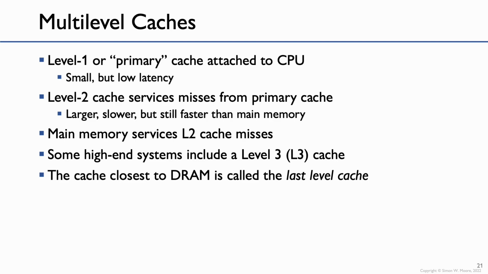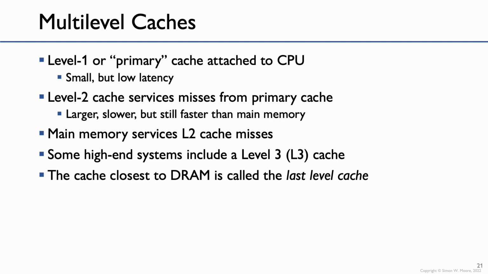And as we've seen, it may well be the case that you have an L2 cache associated with every single core, and then the main memory services the L2 cache, or in high-end systems we may have further levels of caching.